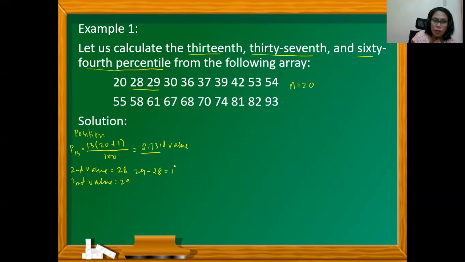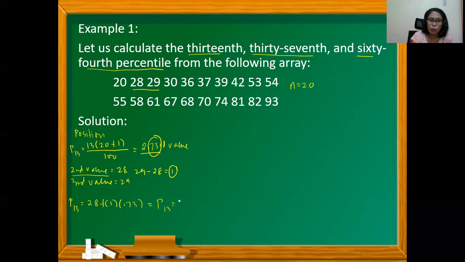And that difference has to be multiplied with the decimal portion of the ordered value for P sub 13 and added to the lower boundary, which is 28. So P sub 13 is equal to 28 plus the product of 1 and 0.73. So meaning P sub 13 is equal to 28.73.